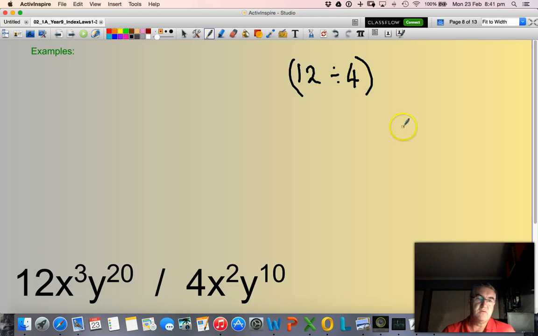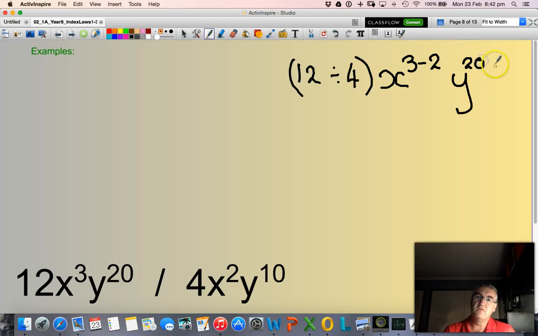Then the next bit, look at the x's. I have x to the power of 3, x to the power of 2. So I'll write my base of x here, and 3 minus 2. Now, let's look at the y's. I have a y to the power of 20. It's getting quite large.